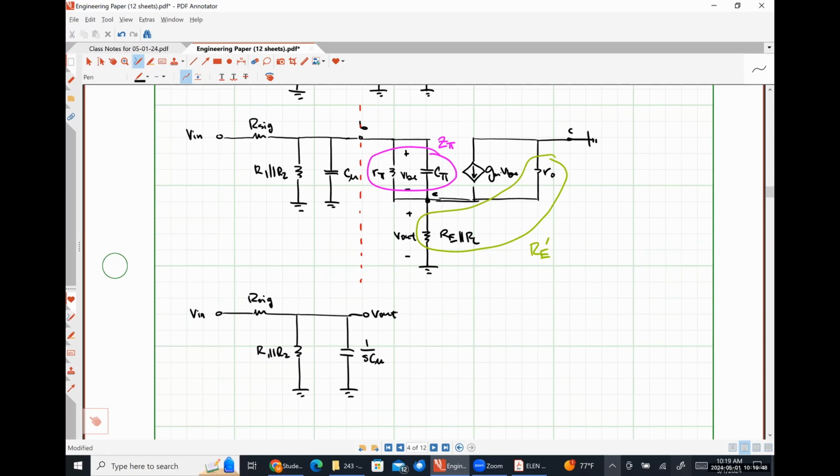And sorry, that should say V Thev, our Thevenin voltage with respect to ground.